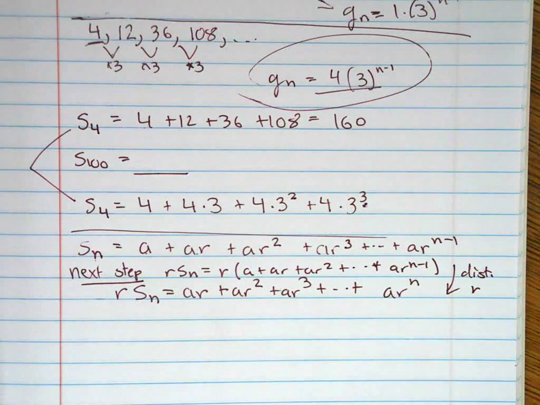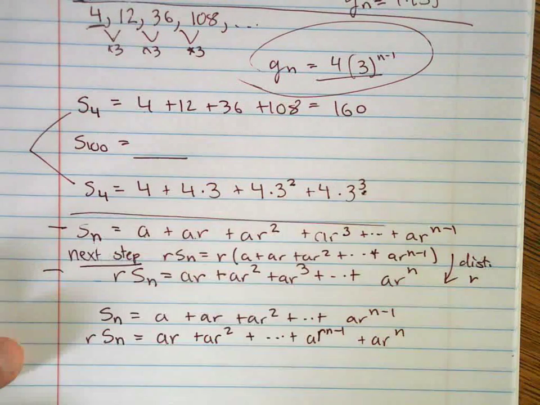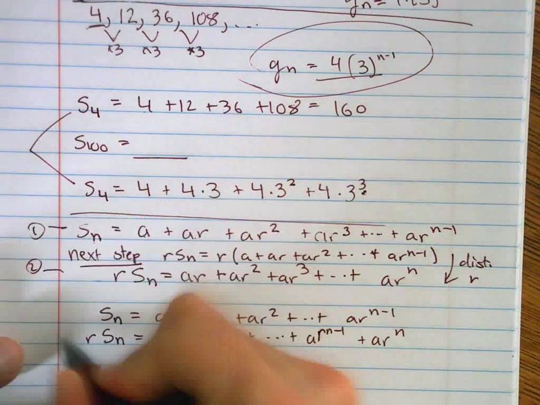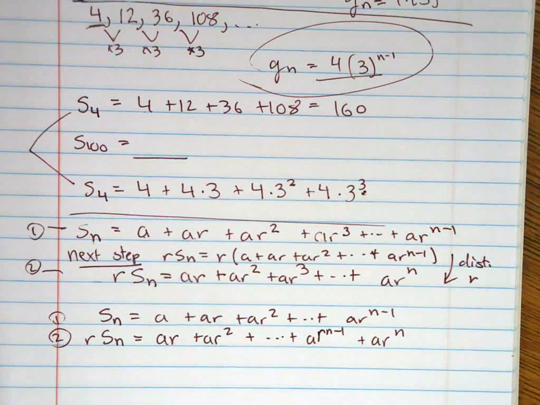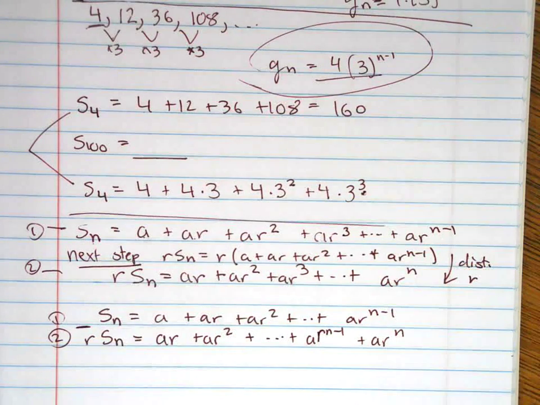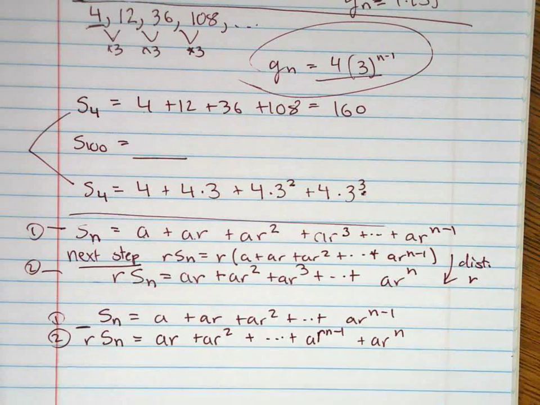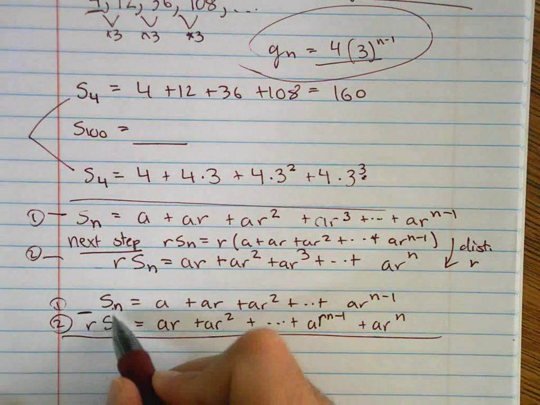I've written those two again neatly. And the next thing I'm going to do is subtract these. I'm going to go S sub n minus r S sub n. So when we do that, watch what happens. I have S sub n minus r times S sub n, and that's equal to a, and look, I'm subtracting all of these.